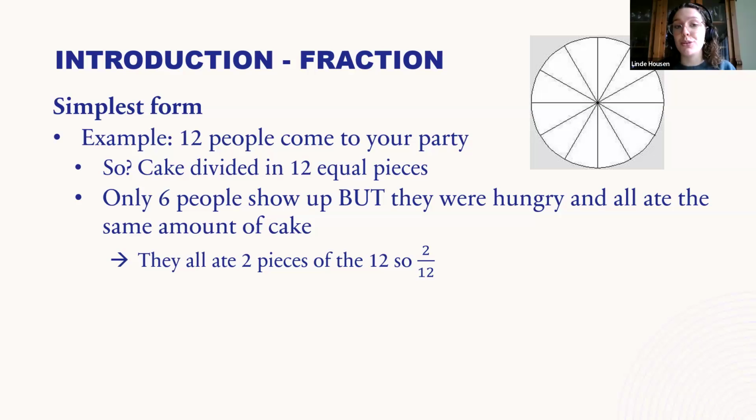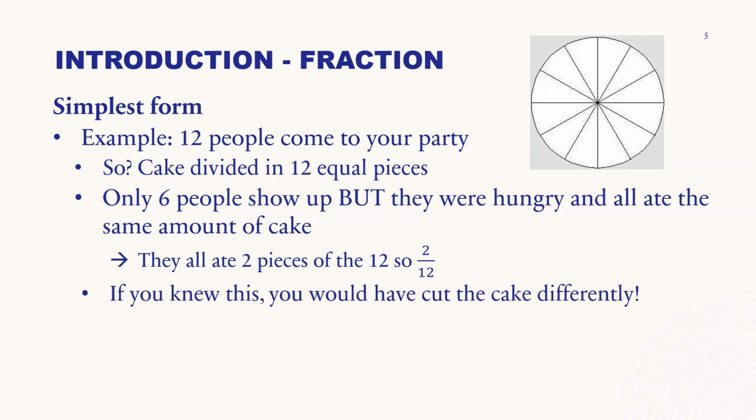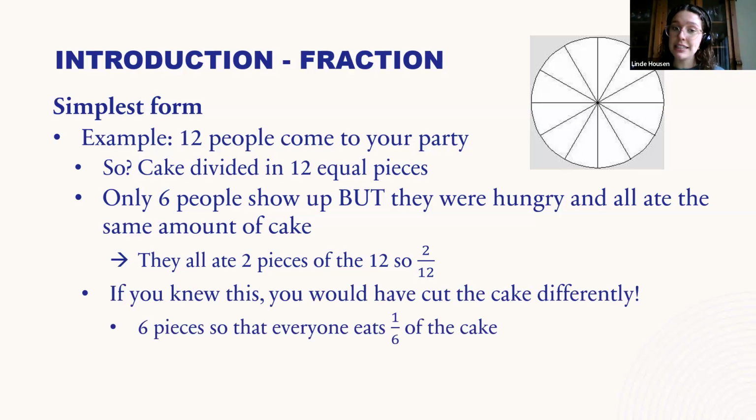We will choose to slice the cake in only 6 pieces. So if we divided the cake in only 6 pieces, how many pieces would everyone eat? 1, indeed. So if we knew this, we would have cut the cake differently, into 6 pieces, so that everyone only eats 1 piece out of the 6.